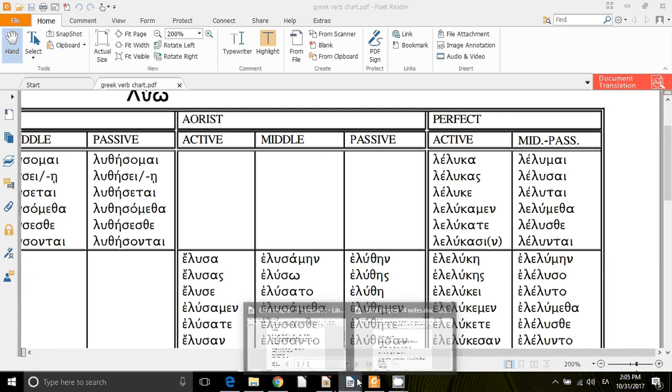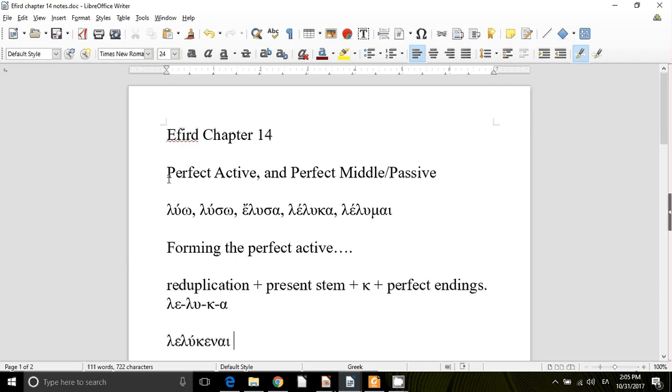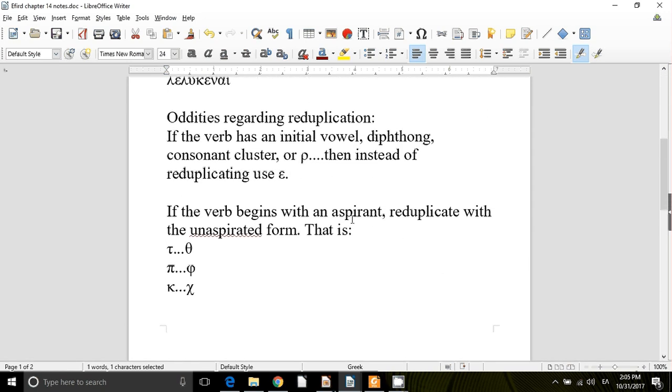Now, we get some interesting things happening with all these additions, with the reduplication and the adding of a kappa, as you may have guessed from other times, other tenses where we've added consonants and vowels. We get some oddities. So first one is if the verb has an initial vowel, diphthong, consonant cluster, or a rho, then instead of reduplicating, we're just going to use an epsilon, like it were an epsilon augment.